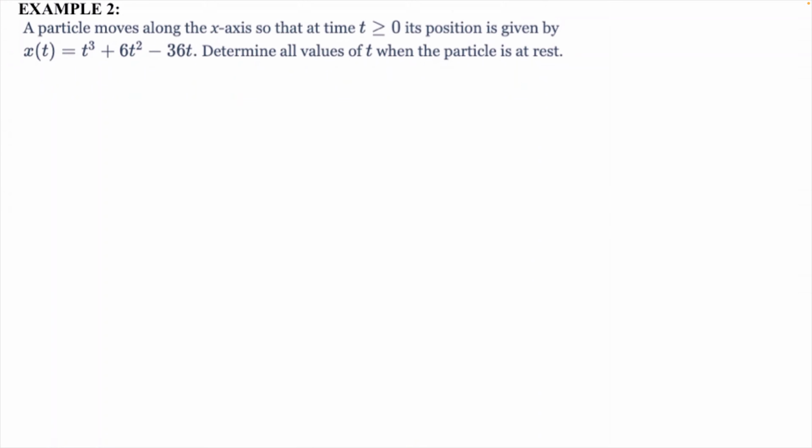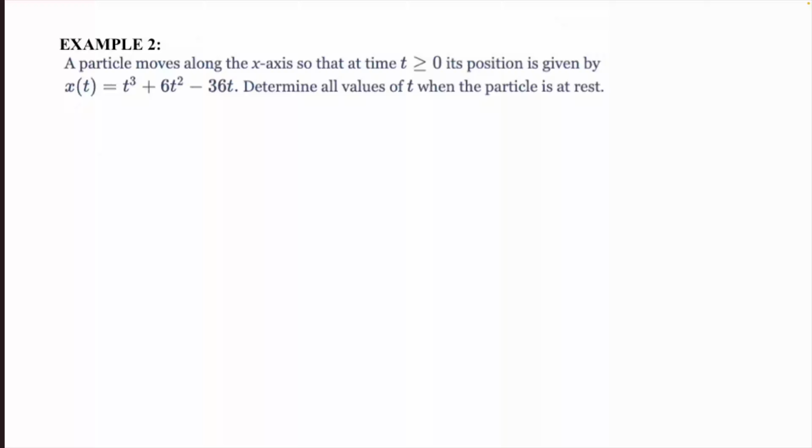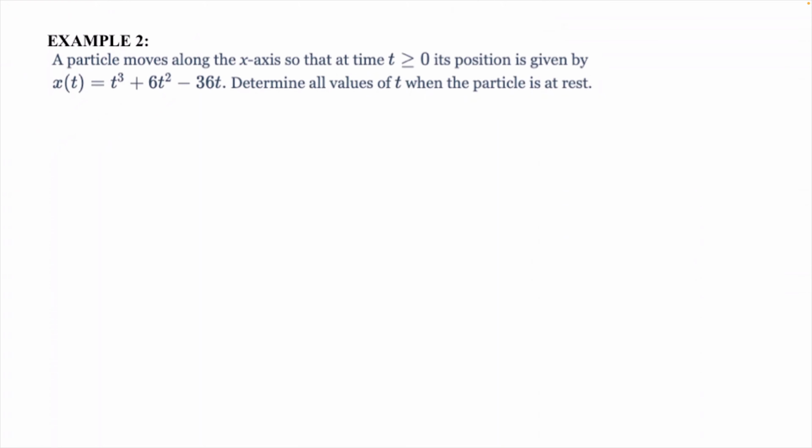So do we have velocity? No. Let's get velocity then. How do I get velocity using position? Derivative, right? First derivative. 3t squared plus 12t minus 36.